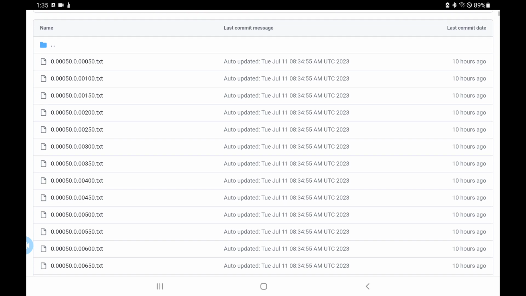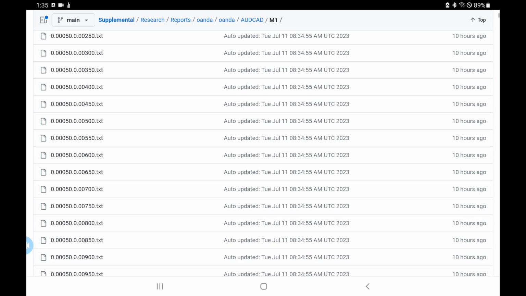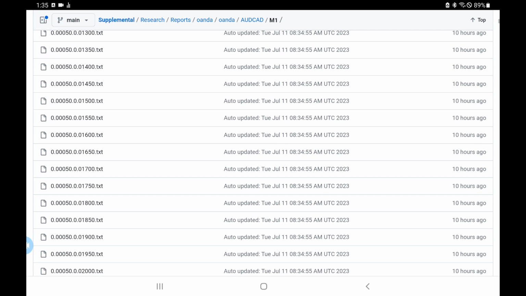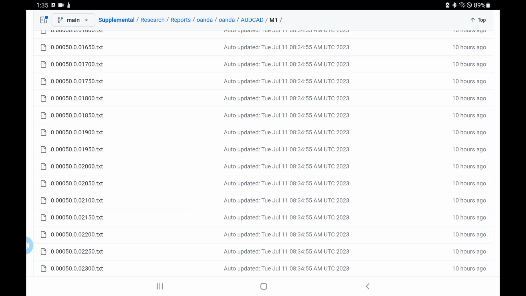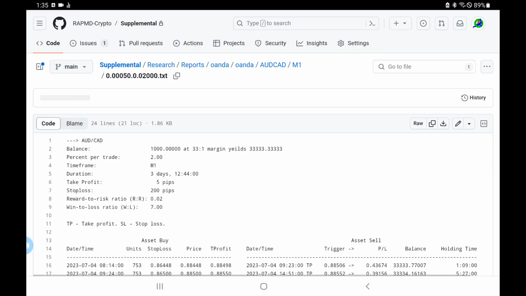Let's go find the one that I normally trade, the one that I have found the best results from, that personally fit my situation. A 5 pip take profit, a 200 pip stop loss. My reward to risk ratio is 0.2. It sucks. But my win to loss ratio is 7.